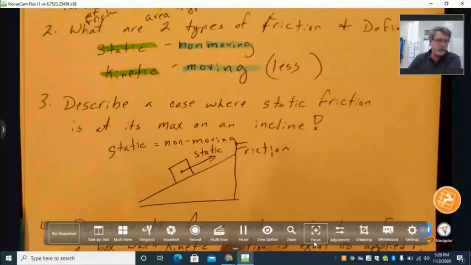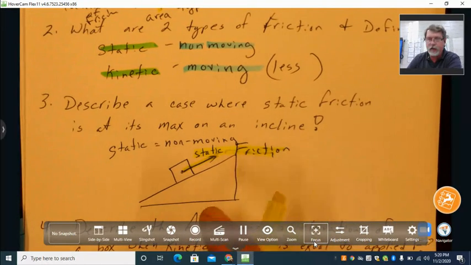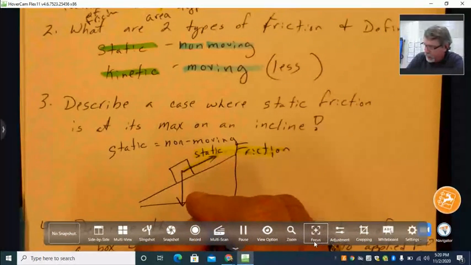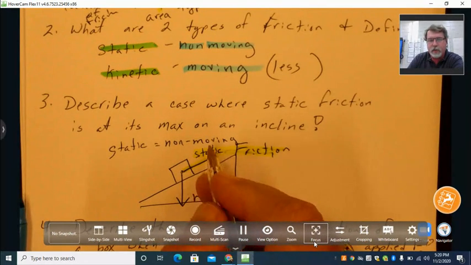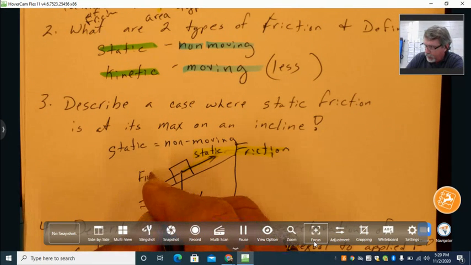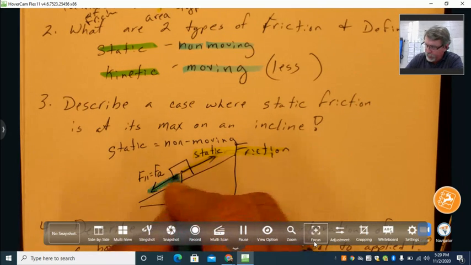So here's our static friction right there, and that's our yellow vector. What else is happening there? We remember that the weight of the object creates 2 parts. One of those parts is called force parallel, or force applied. It's the force applied by gravity, which is pulling it down.